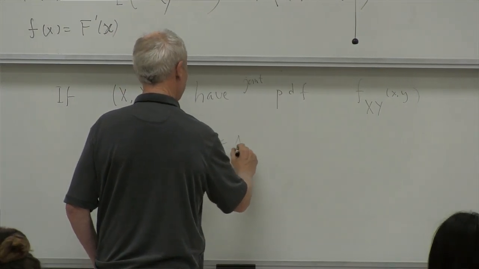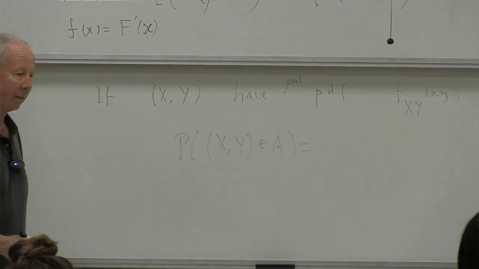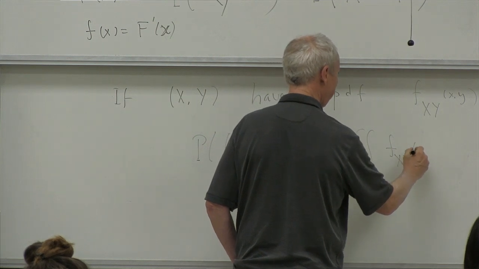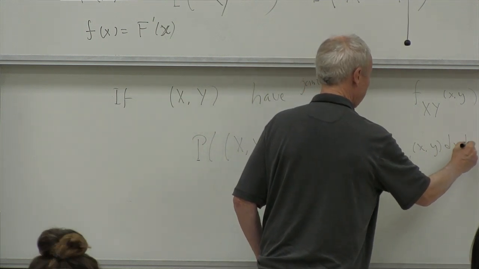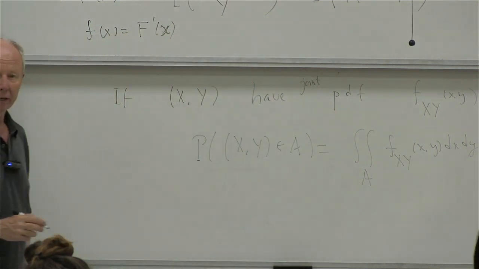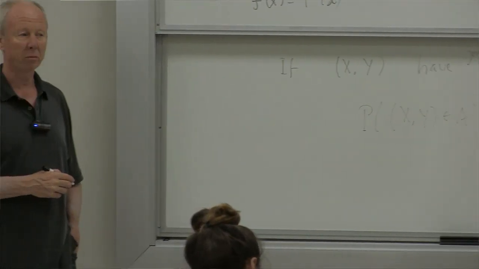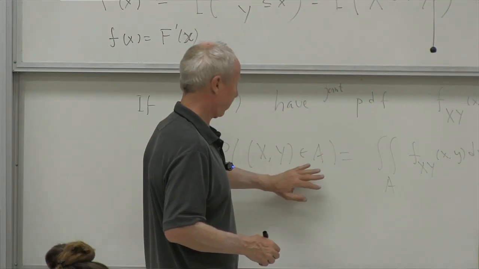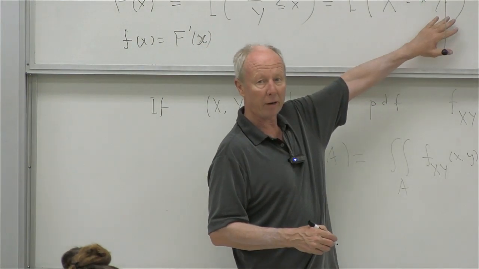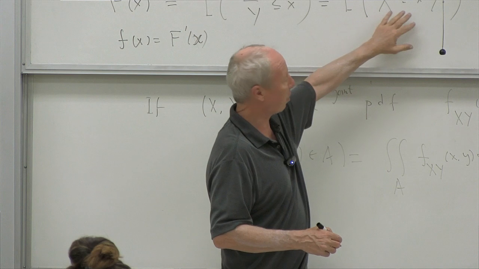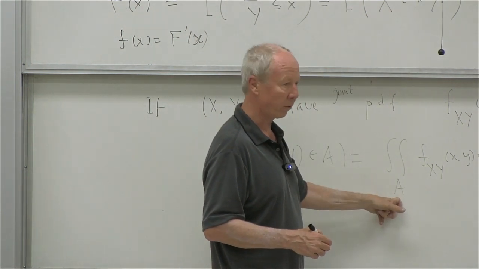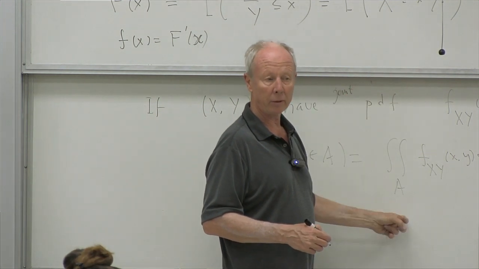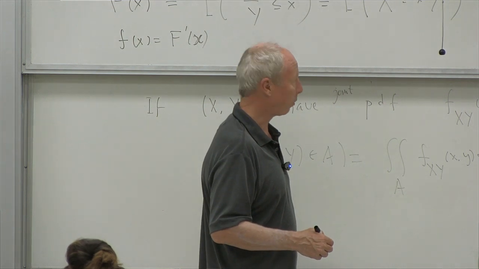Integrate over A the joint density. That's what densities do for you. They allow you to compute probabilities. Do we have something like this here? Yes. So what we have to do is figure out what this looks like so that we can integrate over it. In other words, we have to figure out the set A that the pair X, Y is in, and then integrate over A. So let's try to figure out what A is in this case.